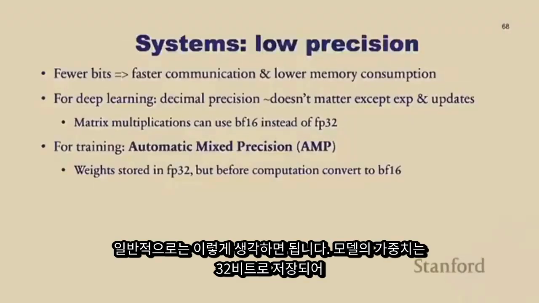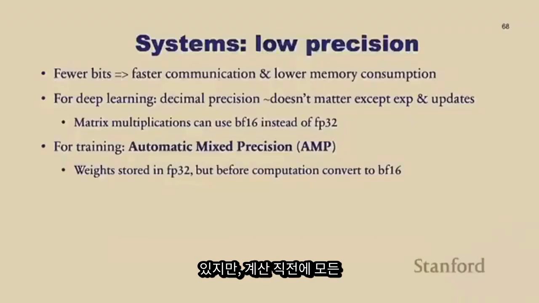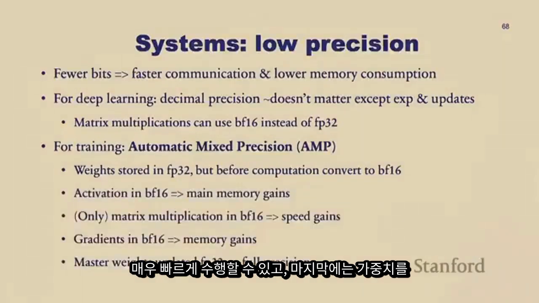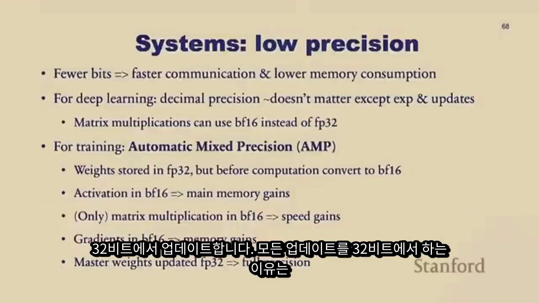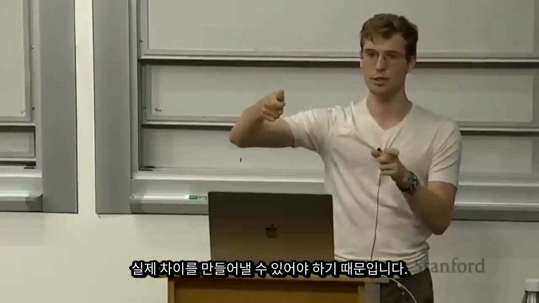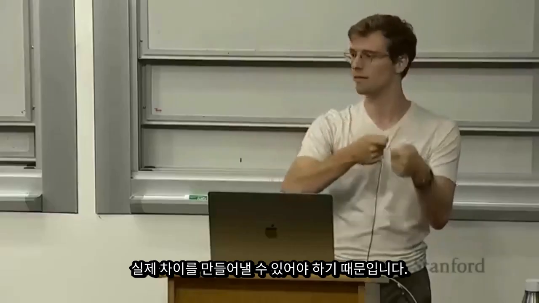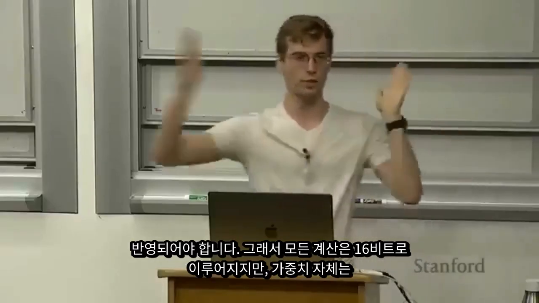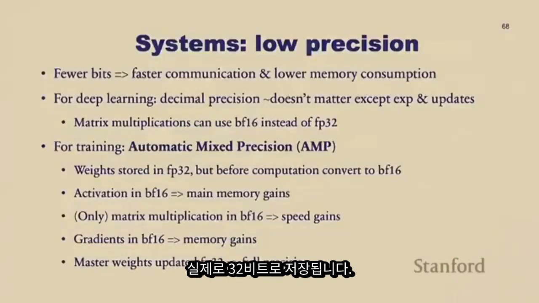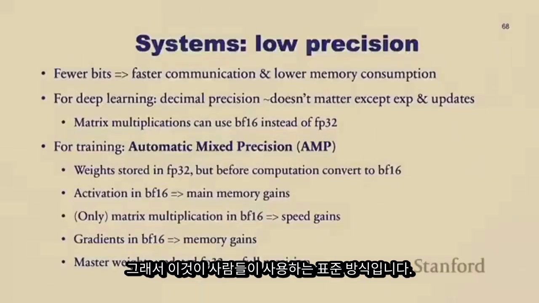Generally, the way you should be thinking about it is that the weights of your model are stored in 32 bits. But just before the computation, you put everything in 16 bits. Like this, you do computation super fast. And at the end, you update your weights in 32 bits. The reason you do all the updates in 32 bits is that if your learning rate, for example, is very small, you still want to be able to make a difference in your weights. So all the computation is done in 16 bits, but the weights are actually stored in 32 bits. That's the standard way that people are doing it.